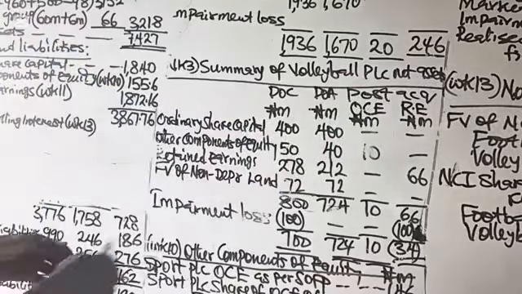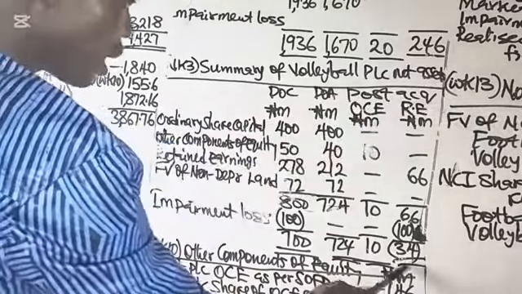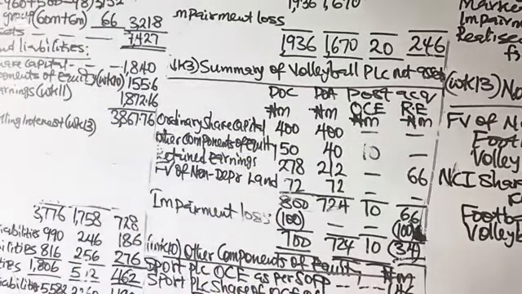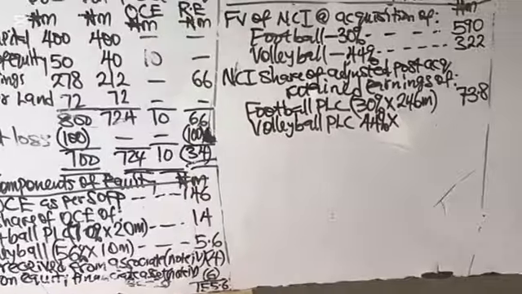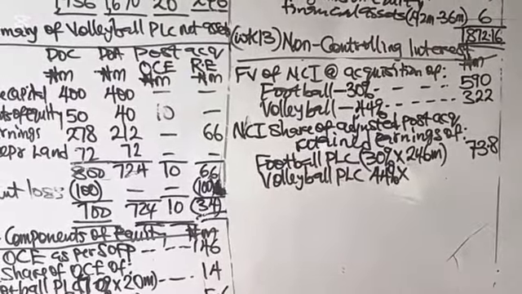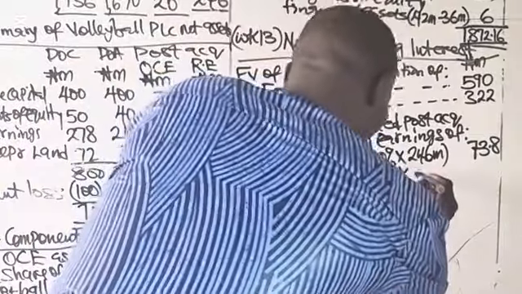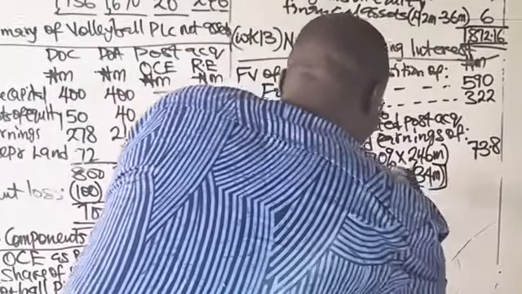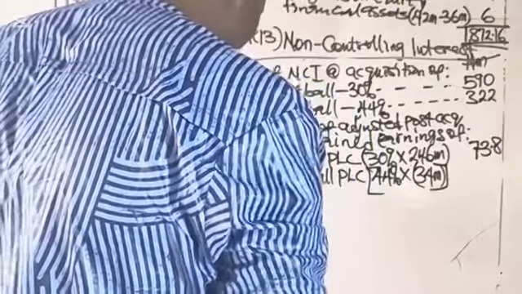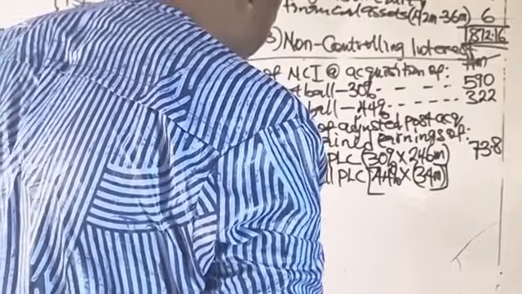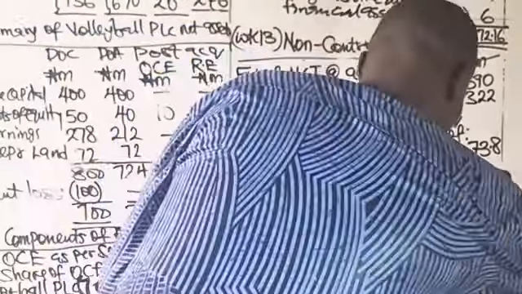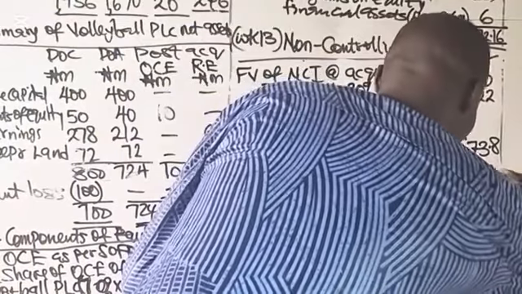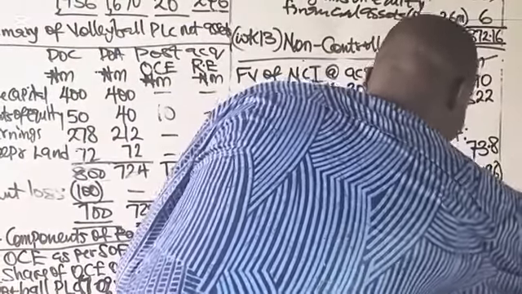That is from working 3. Then this is retained earnings, and we have a loss of 34 million. Of this 34 million loss, NCI will receive 44%. So 44% of 34 million gives us 14.96 negative, since that is a loss.